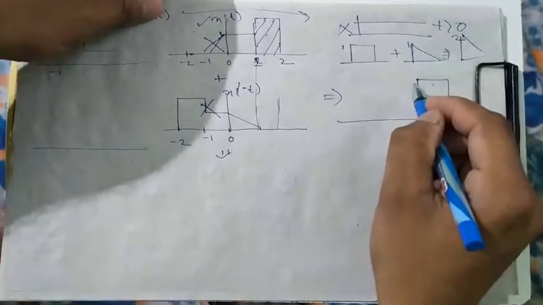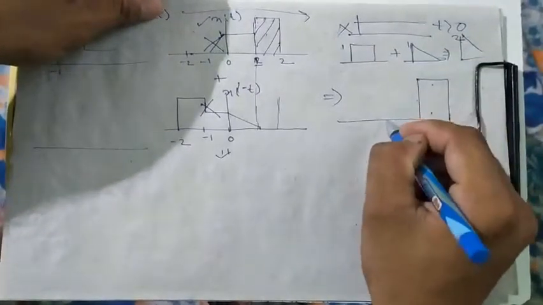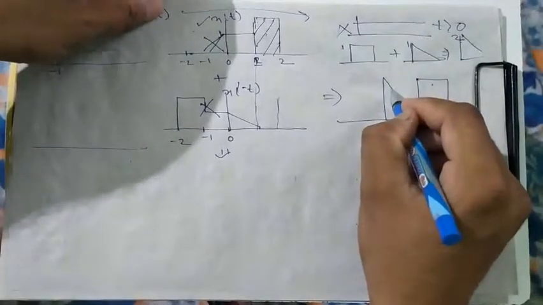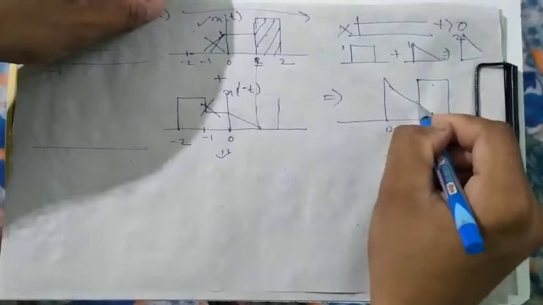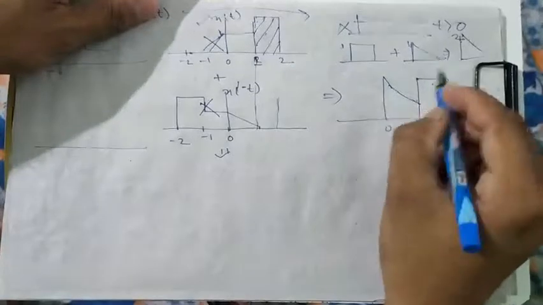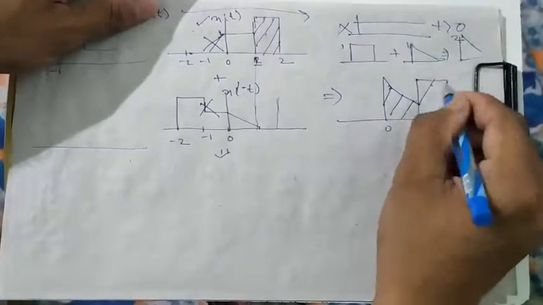From here, 0, it is raised by 1 unit till the middle, actually, where it will be added, raised by 1 unit. So the answer will be like this.